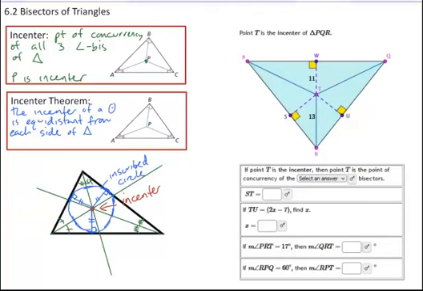All right, so once again, see if you can use the relationships of having the angle bisectors all intersect at the incenter to answer the questions in the table for this next question. And so if you're looking at these measurements, the incenter is the intersection of angle bisectors, so we know that these 2 angles are the same, these 2 angles are the same, these 2 angles are the same.